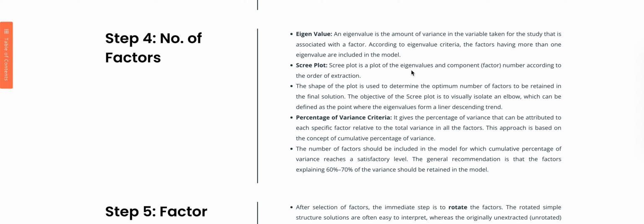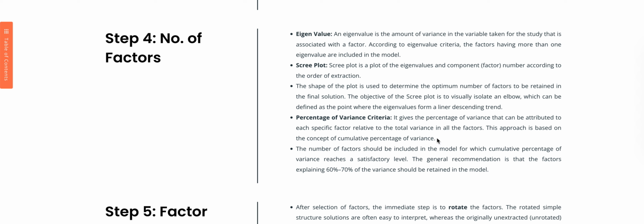A scree plot is a plot of the eigenvalue against the component number according to the order of extraction. The shape of the plot is used to determine the optimum number of factors to be retained in the final solution. The objective of the scree plot is to visually isolate an elbow, which can be defined as the point where the eigenvalues depart from the linear descending trend.